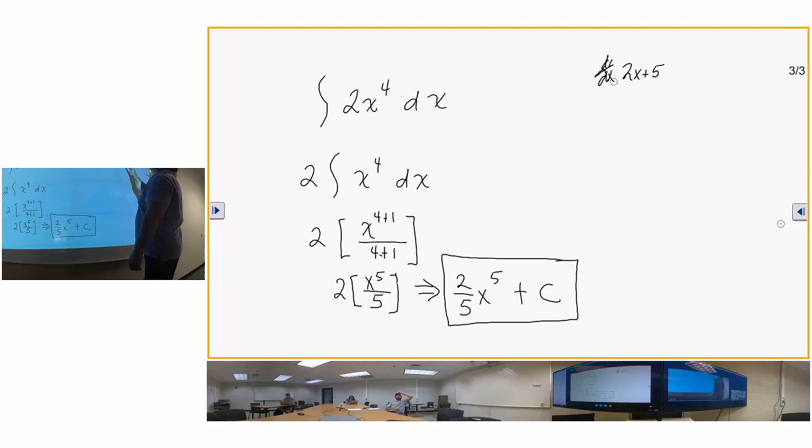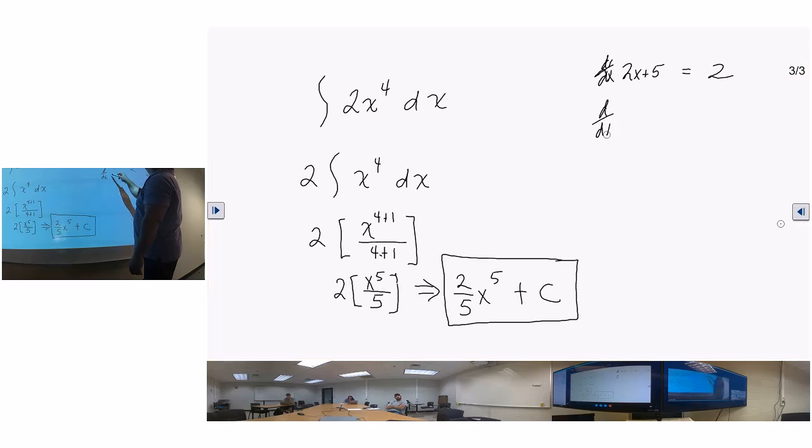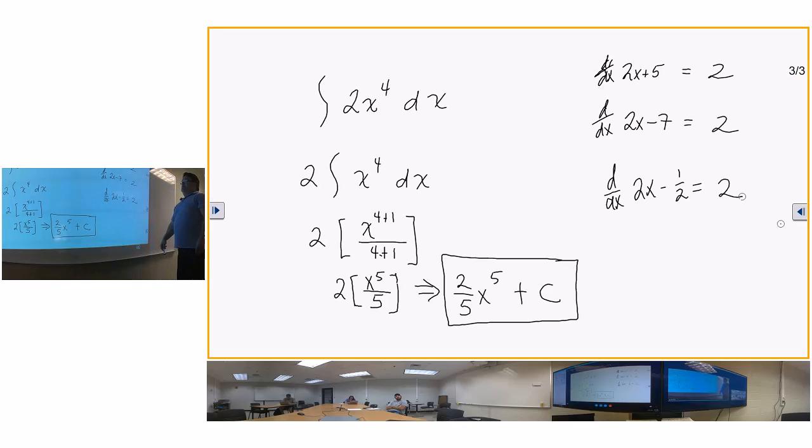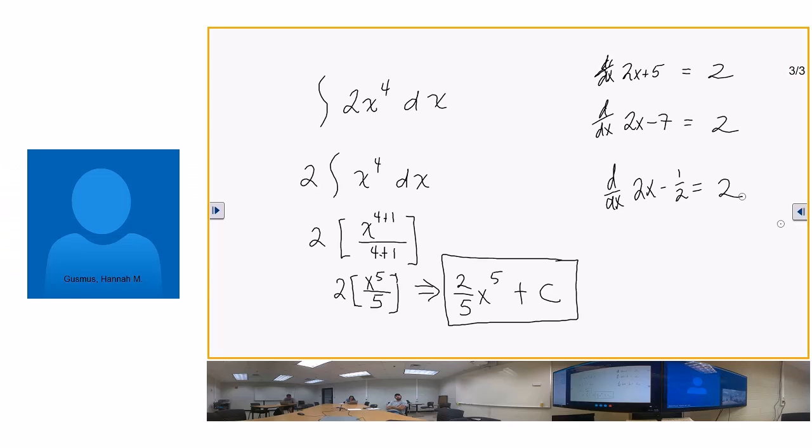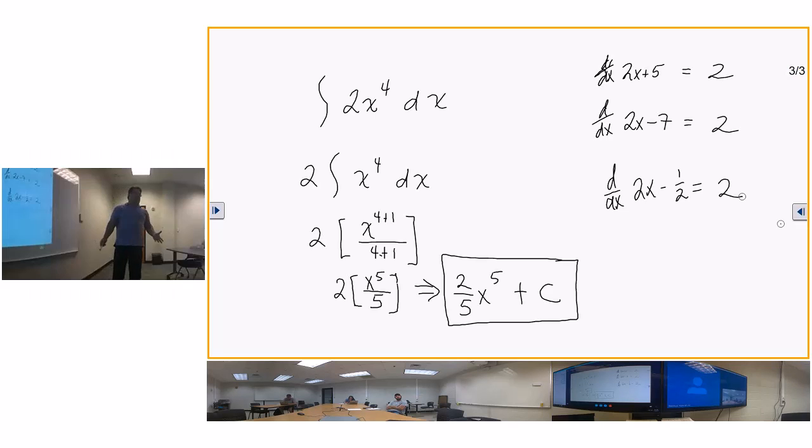What is it? What is the derivative of 2x minus 7? What is the derivative of 2x minus 1/2? You have to account for the constant, right? You have to account for the whole family, okay?